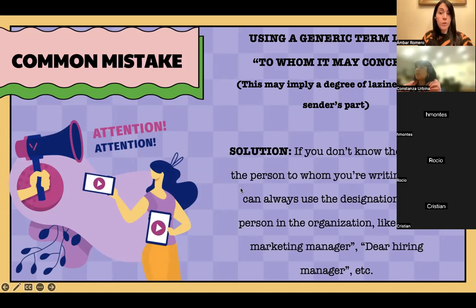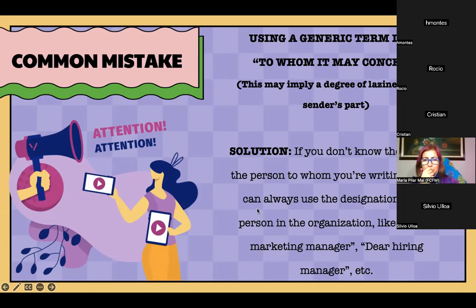So a possible solution is what I said before. Try to investigate who you are writing to. What is the designation of the person in the organization? Is it the marketing manager? Does this person work in the HR department? Is it the hiring manager, etc.? Okay, so try to look for the information.